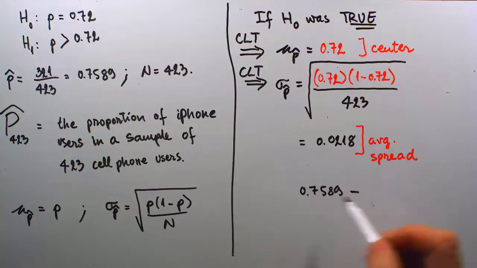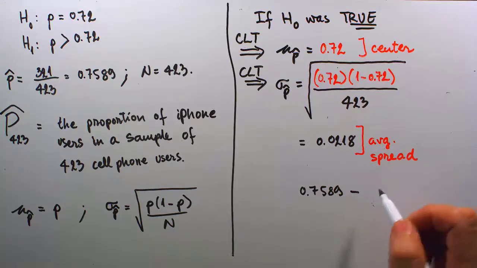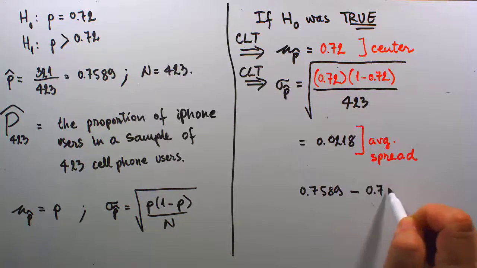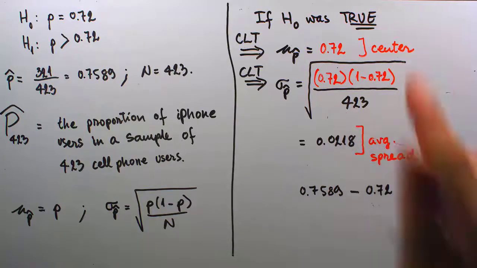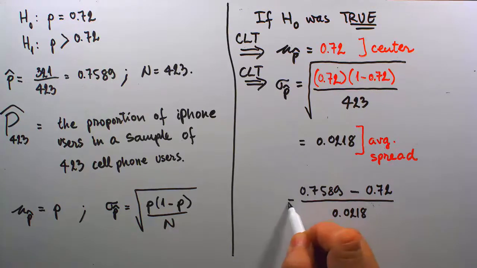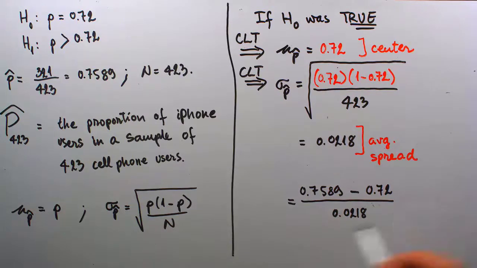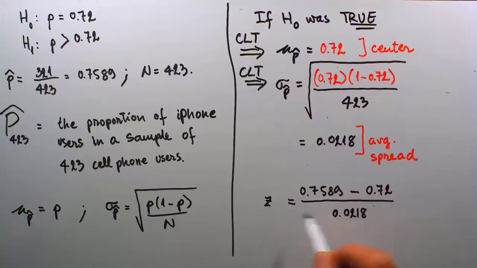We can calculate that z-score by doing 0.7589, the value of the sample proportion we used, minus 0.72, the mean of all sample proportion values, and we're going to divide that difference by 0.0218, the standard deviation of all sample proportion values. And this, whichever comes out from this calculation, is being referred to as the z-score of our sample proportion.